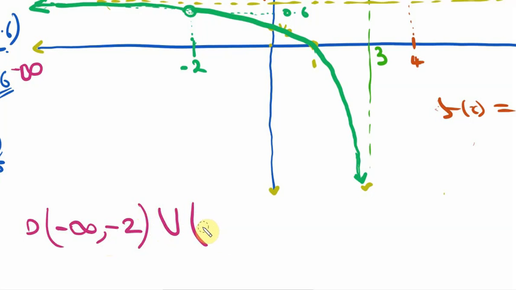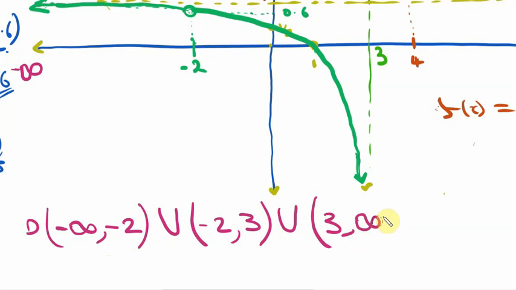Union from -2, well, goes all the way to 3. That's where we have our vertical asymptote that also needs to be excluded. Then from 3 the graph is valid all the way to positive infinity. Cool.